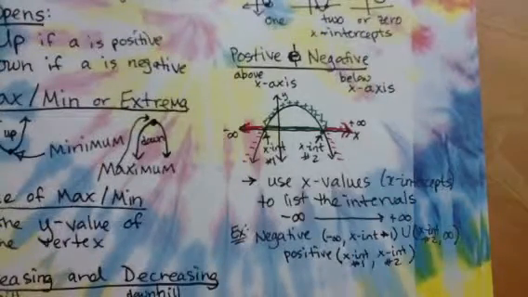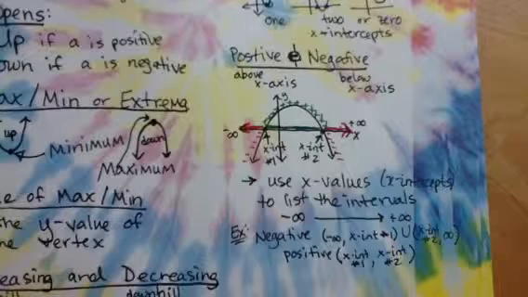Now you're really going to have to pay attention to your picture in order to be able to list where the parabola is positive and negative.